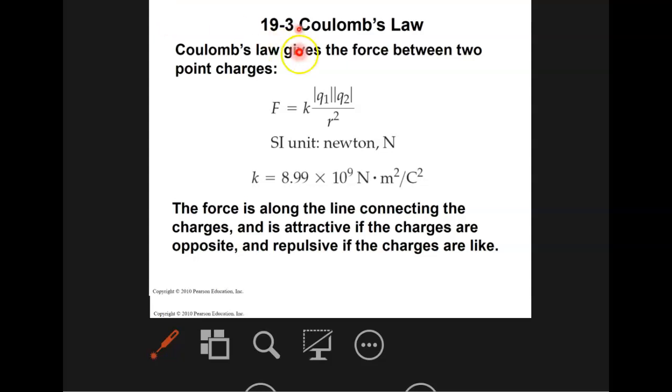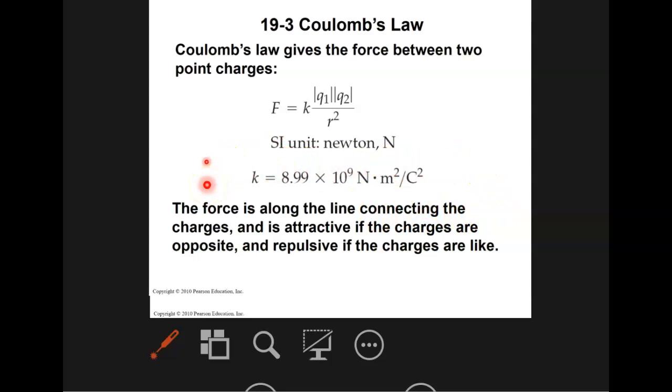So whether you have an electron and a proton or two different electrons, you will be able to find the force that is pulling them or repelling them. And what's interesting here is that Coulomb also had a constant. It's one of the first constants that you'll find.